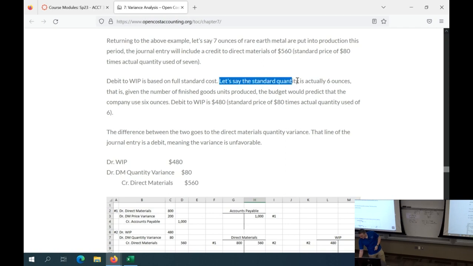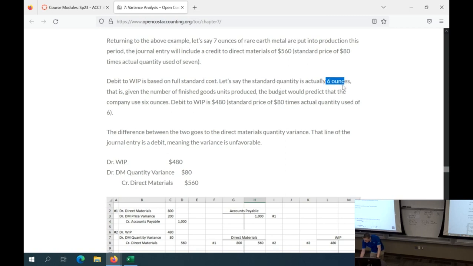And the standard quantity, I'm telling you in this example, is 6 ounces. To produce the number of finished goods that we actually produce, we should have used only 6 ounces. So we used an extra ounce of rare earth mineral here compared to what we should have.